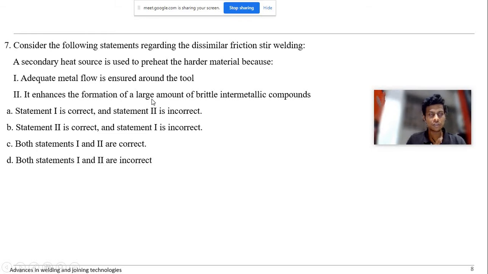The second statement: it enhances the formation of a large amount of intermetallic compounds. Actually, the purpose of using this is to reduce them, so this is false. Statement one is correct and statement two is incorrect, so 7A is the answer.